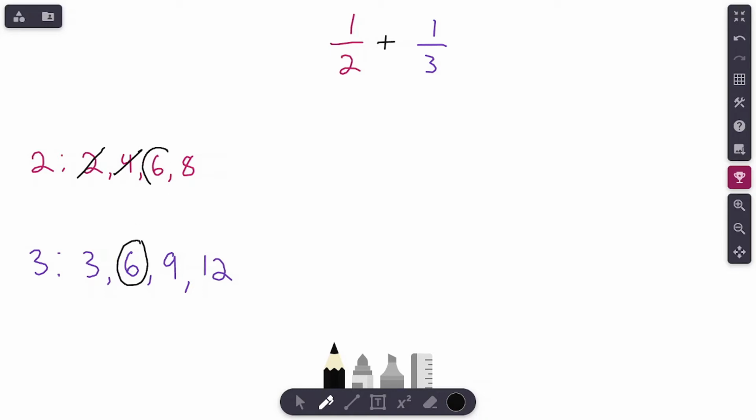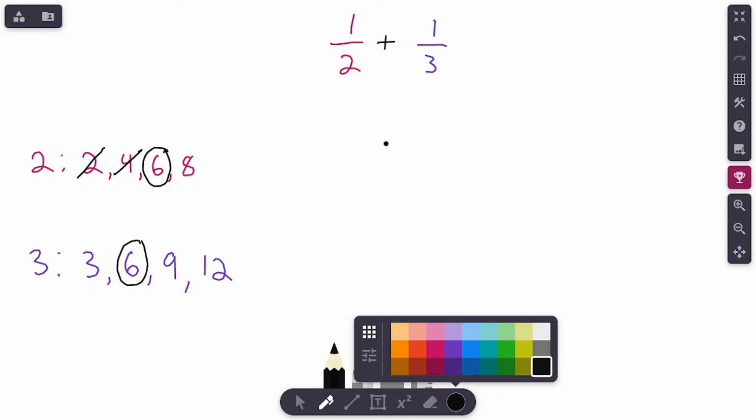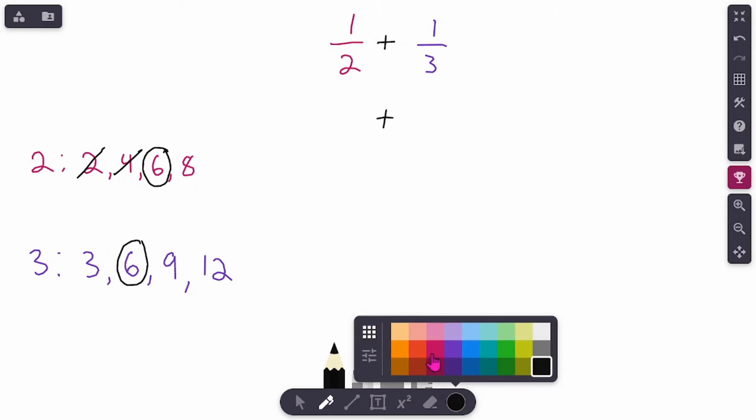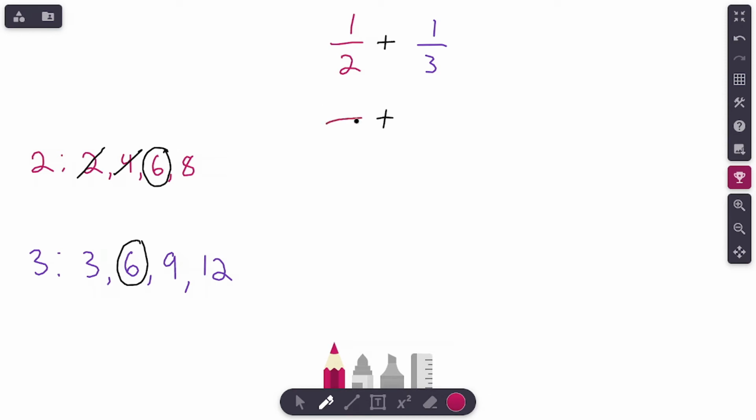Both of these numbers have multiples of 6, so that's good news for us. So now we've found our least common denominator, our smallest common denominator. So that is what our denominator is going to be. For both of these fractions, we are creating equivalent fractions that have denominators of 6.